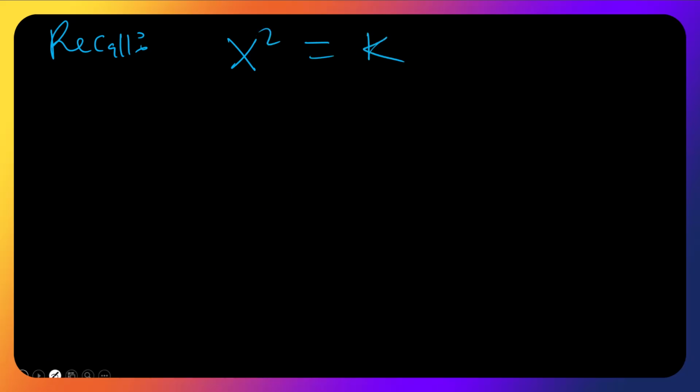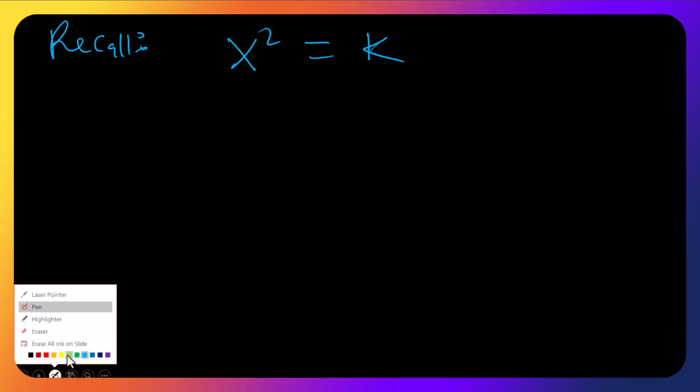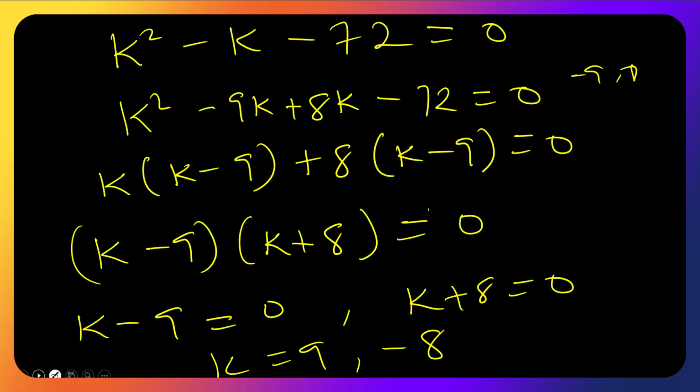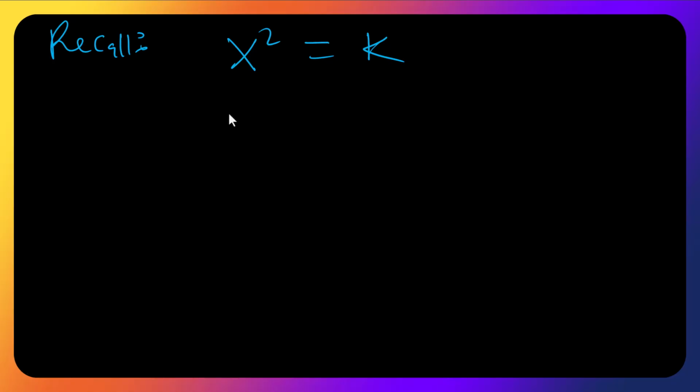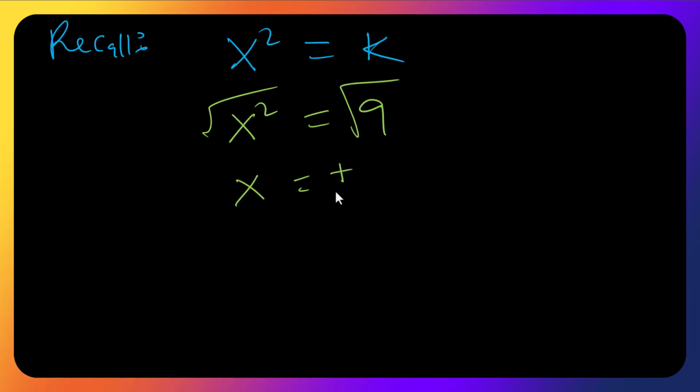So the first answer for k here is 9. Therefore, if k is 9, x squared equals 9. Taking square root on both sides, x will be plus or minus 3.